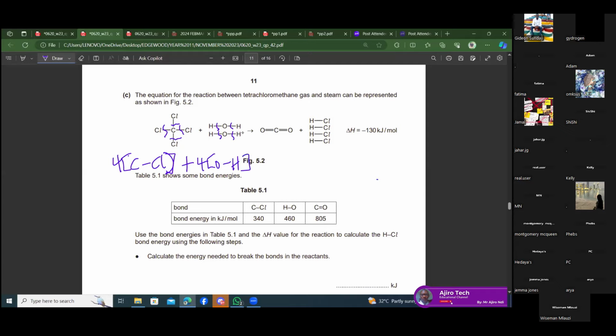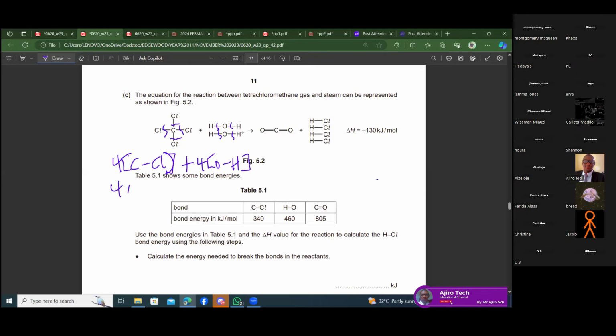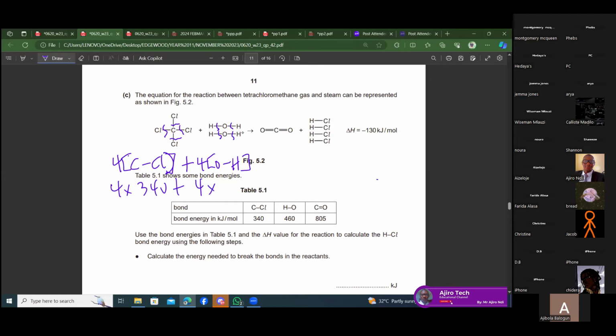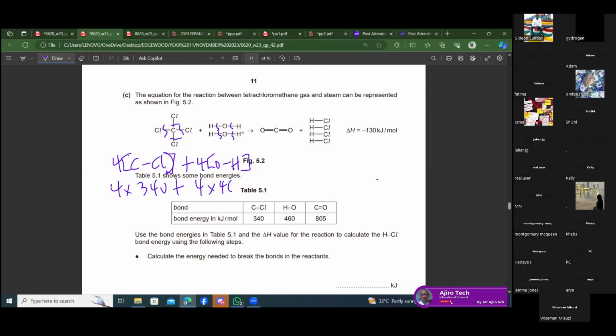All right. So 4 CCl bonds. So we have CCl here. So 4 times 340 plus 4 times how many OH bonds were broken? 460. So we add that up. So it becomes 4 times 340, which is 1360, plus 4 times 460, which is 1840.